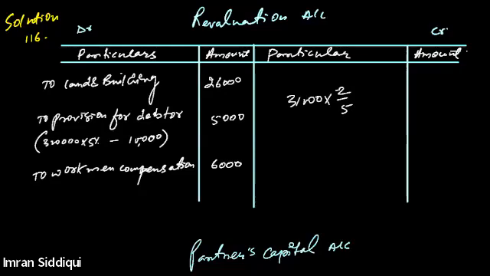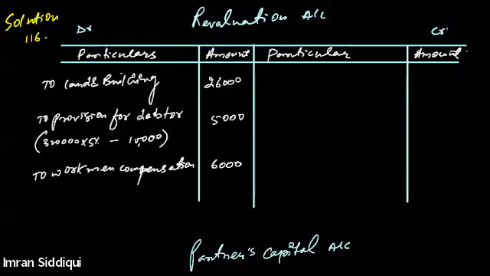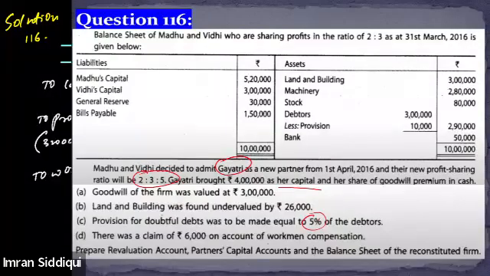So we are getting the wrong answer. I think we made a mistake somewhere. Is anybody able to find the mistake in the revaluation account? Because I'm not able to find it. Is it land and building? Because undervalue should be increased.